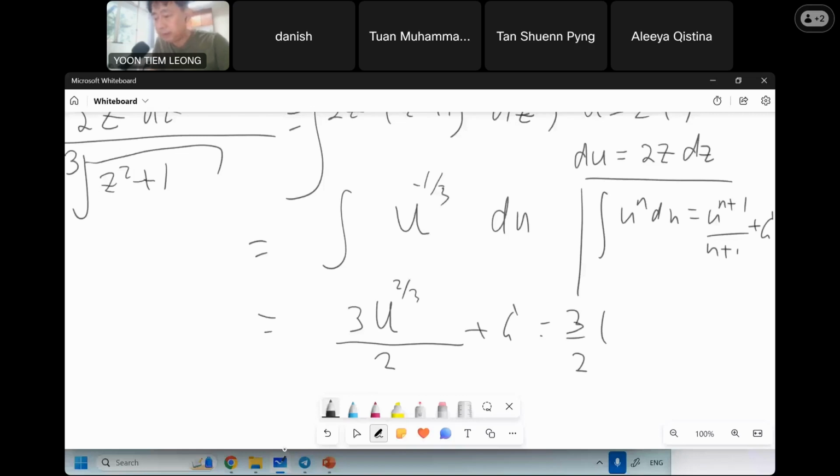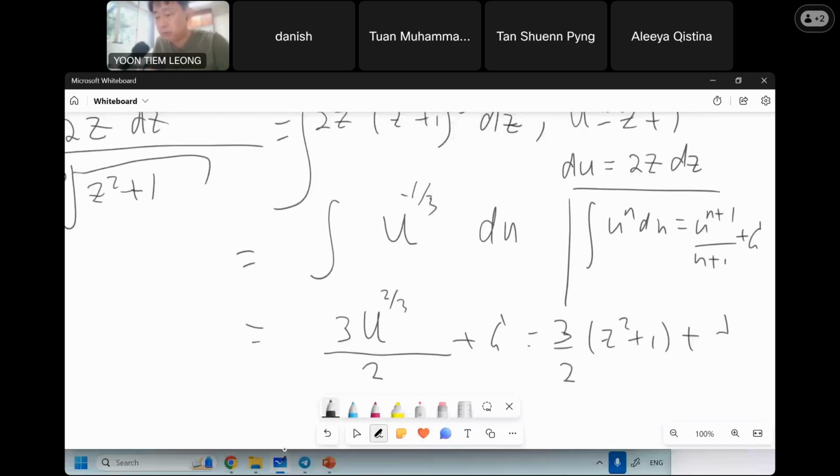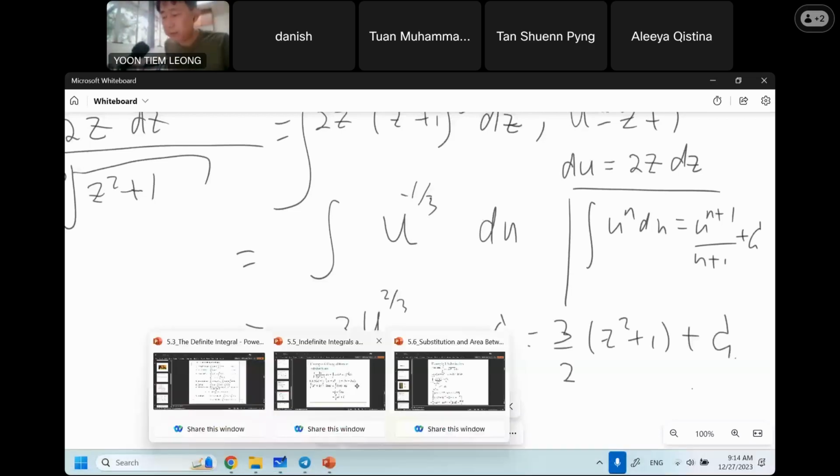So I think that is the result: 3/2 times z squared plus 1 to the power of 2/3 plus a constant c. So you always try not to forget the constant c, because if you forget it, then you'll be like crying like a cat.